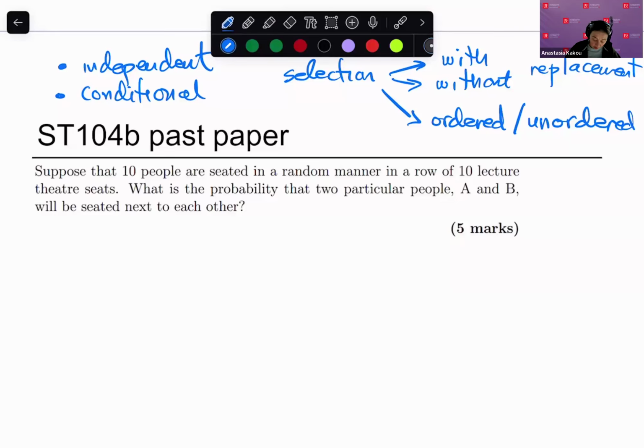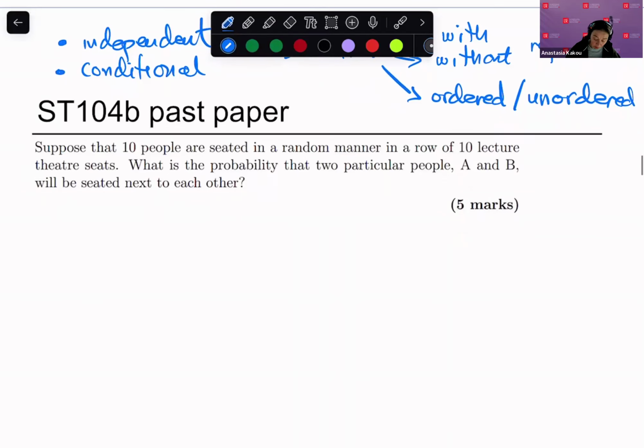Okay, so here you're given 10 people seated in a random manner in a row of 10 lecture theater seats. What's the probability that two particular people, A and B, will be seated next to the other? Okay, you can do a bit of a diagram if that helps you. The fact that A and B sit next to the other means that you have only 9 spaces that you can hold them.